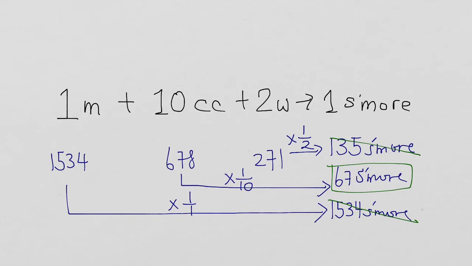So in chemistry, the reactant that is limiting us from making more product is called the limiting reagent. So in this case, our chocolate chip is our limiting reagent. And the other two are called excess reagents.